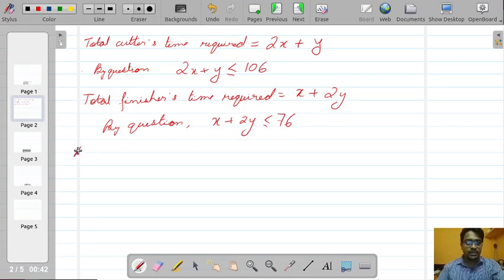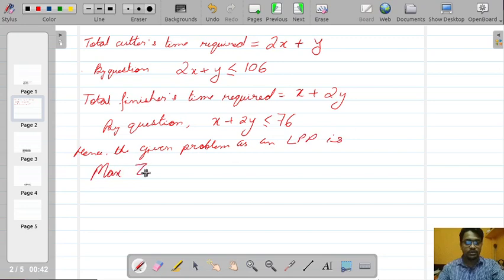Okay, hence the given problem as an LPP, linear programming problem, is, okay, so how do we write it?